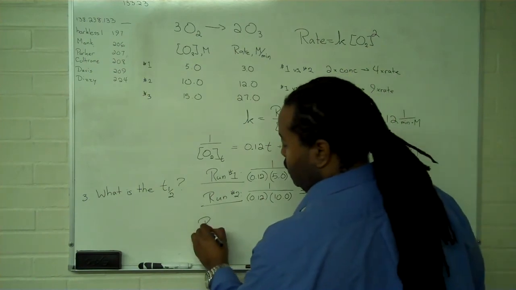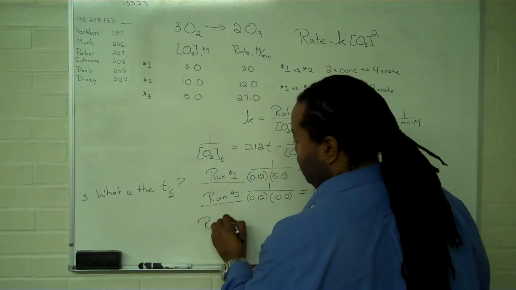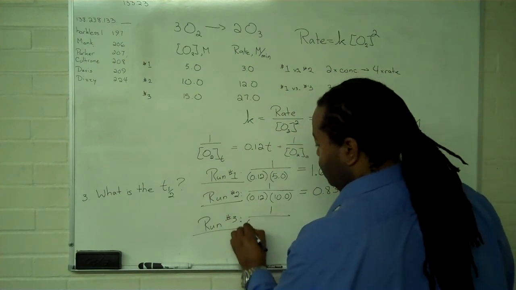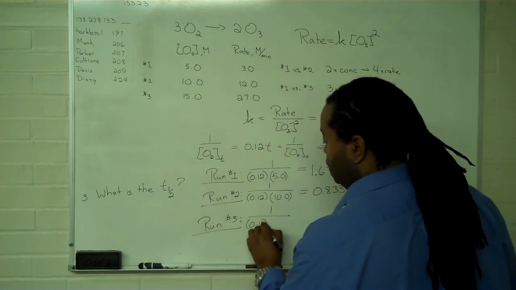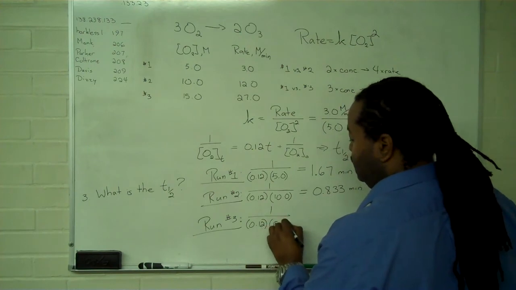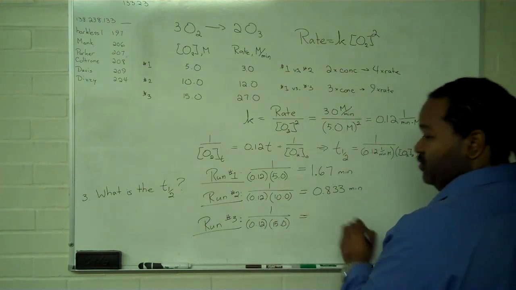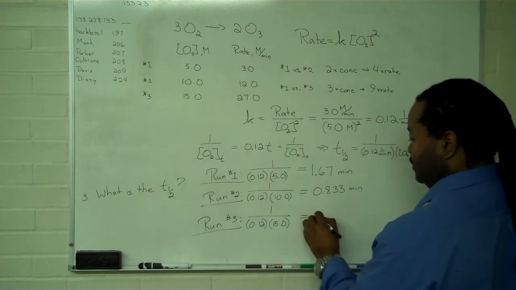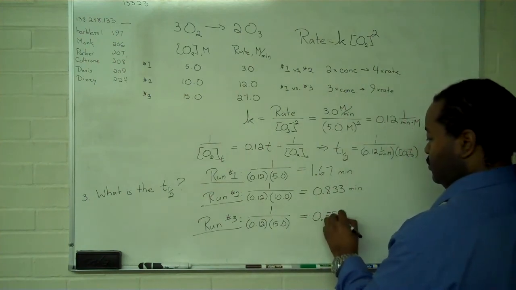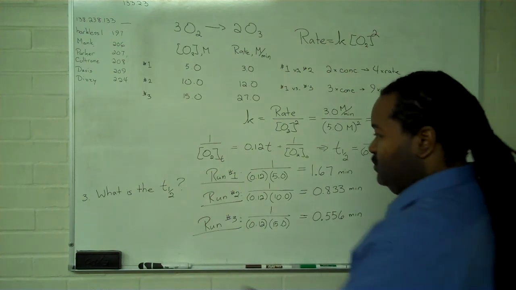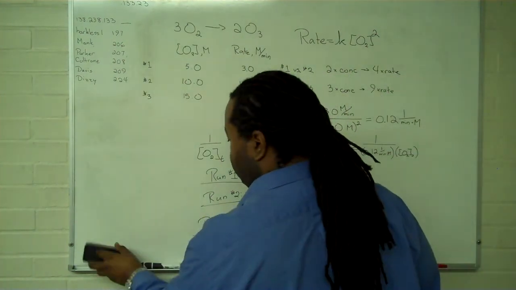And finally, for run number 3, 1 over 0.12 is 15, and that gives us a value of 0.556 minutes. And so this gives us then a half-life for everything.